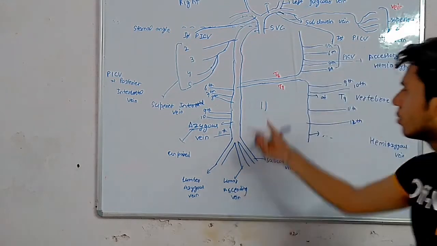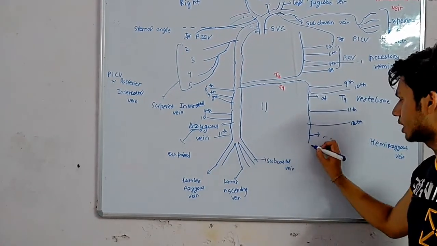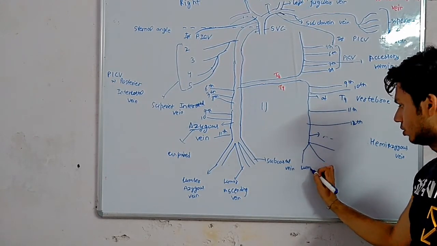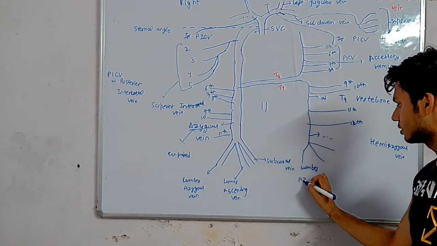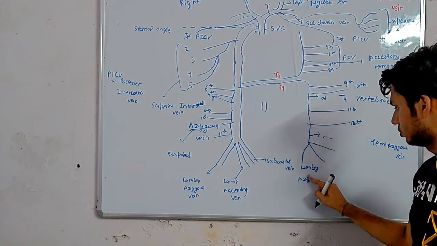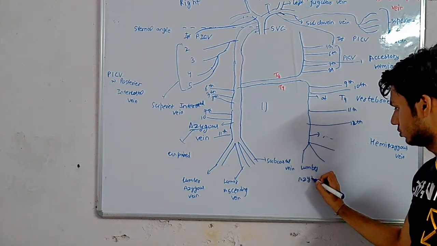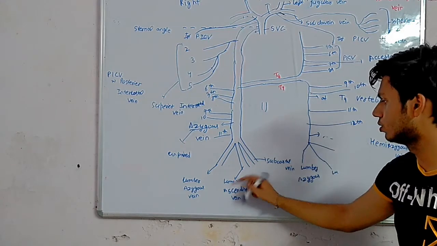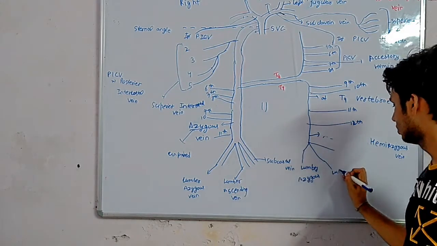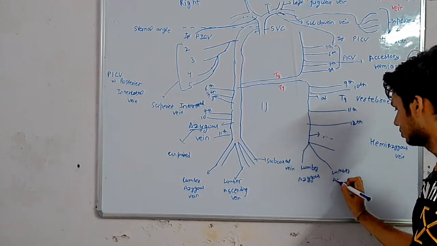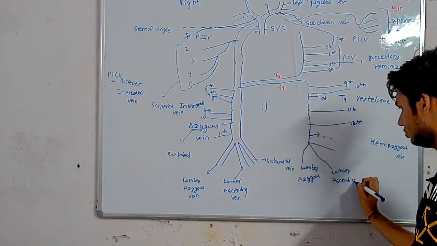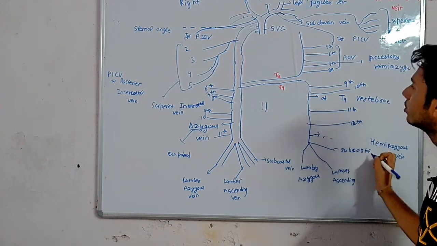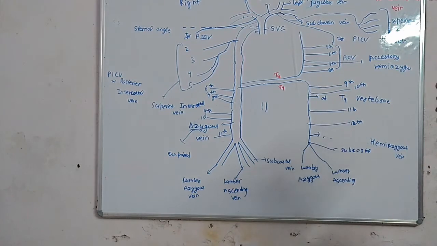All these unite and form the azygous vein. The same on the left side, 3 branches: lumbar, ascending, and subcostal. Done.